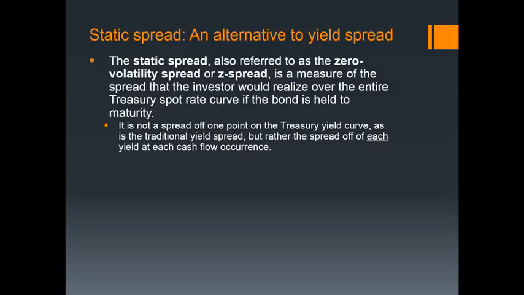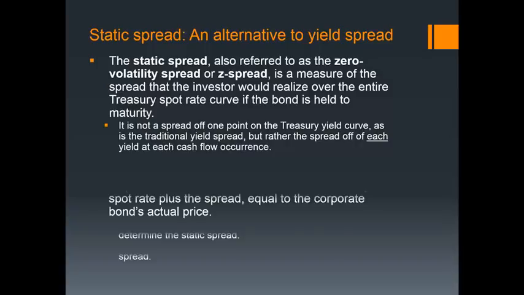So we're making an assumption regarding what the spot rate curve will be in the future, and using that information, adding a certain premium to that spot rate curve. Remember, this premium is added to each spot rate: the 6-month rate, the 1 year, the 1.5, the 2 year.